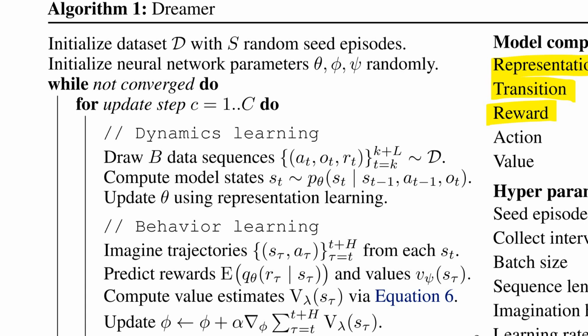So you see, while not converged, you do dynamics learning. You draw data sequences from your experience, right? Then you compute the model states. These are the hidden states. And then you update this parameter theta using representation learning.